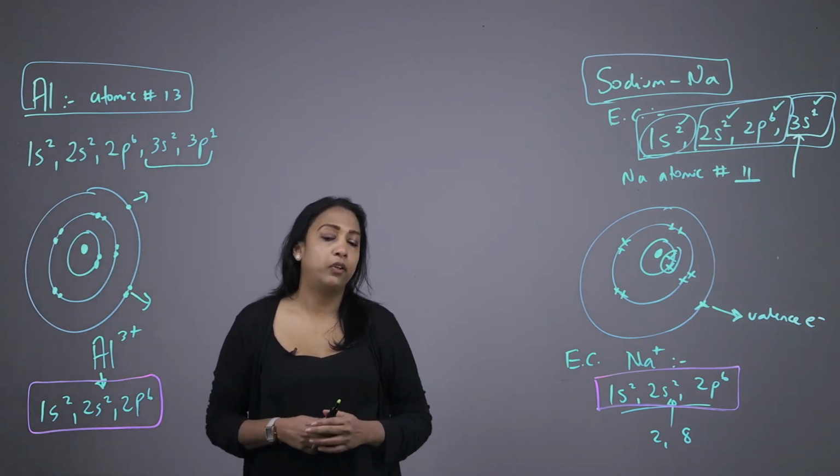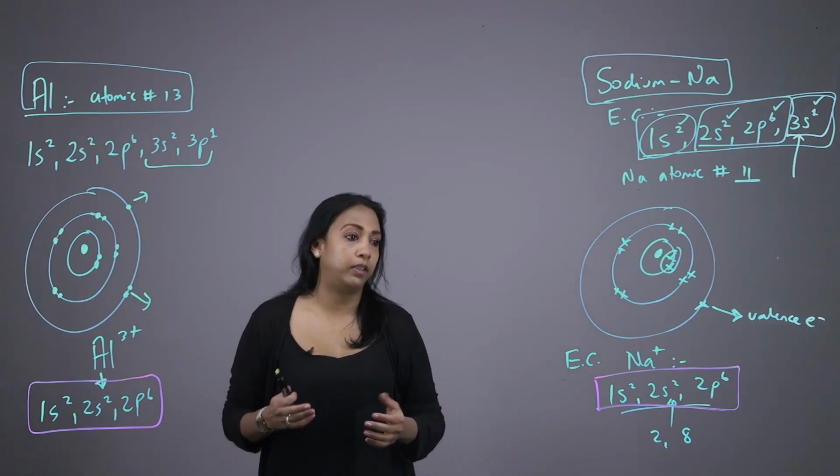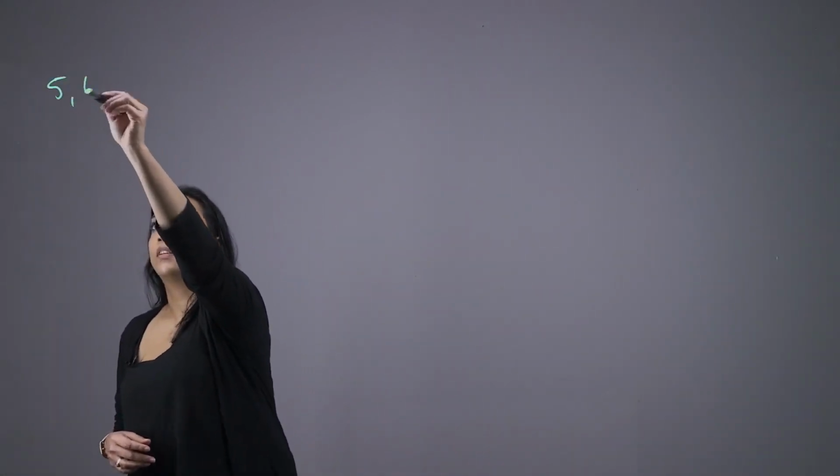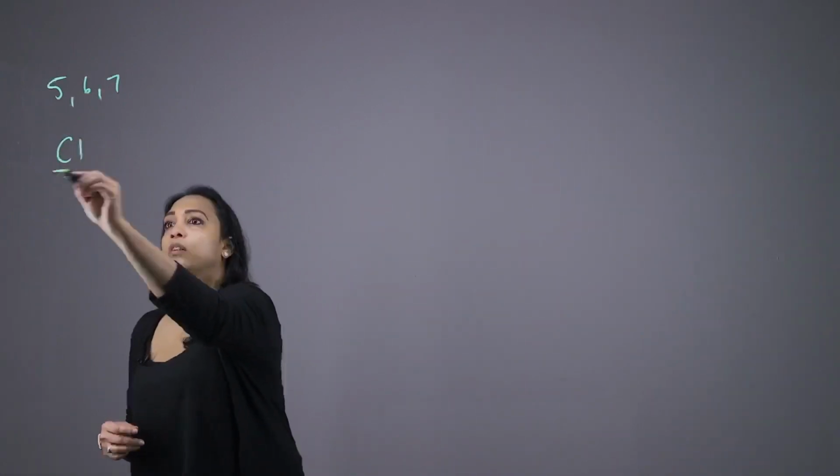Now, let's look at groups 5, 6, and 7. So now, let's turn to our nonmetals and take a look at elements in groups 5, 6, and 7. Let's take chlorine for example. Chlorine is a nonmetal, and basically chlorine will accept electrons in order to become negatively charged ions.